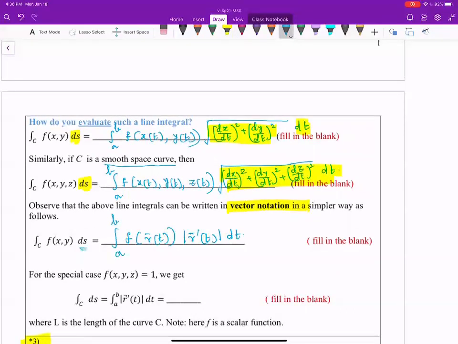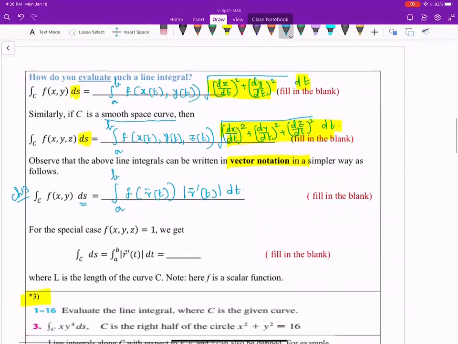You have seen in chapter 13 that ds, the arc length, corresponds to the length of r prime of t, dt. It is the velocity vector, and you take the magnitude of the velocity vector, and that will be the length.